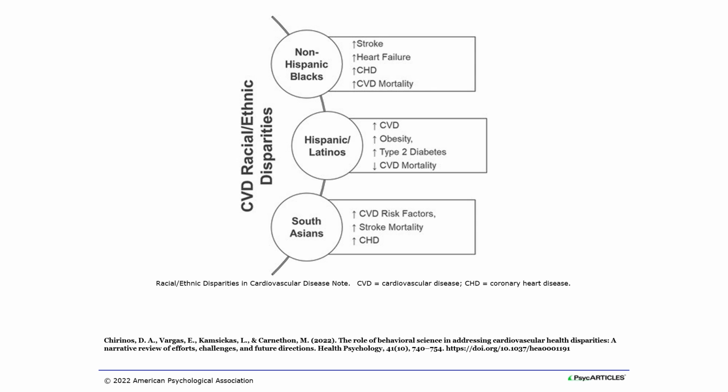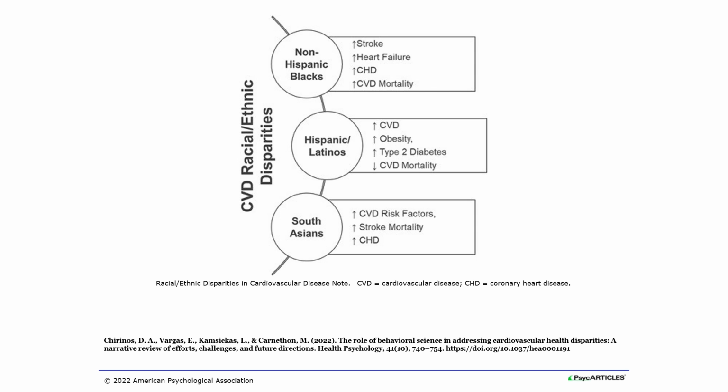And so for those non-Hispanic Blacks, they have a higher risk of stroke, a higher risk of heart failure, a higher risk of cardiovascular disease, and a higher risk of cardiovascular disease mortality, so actually dying from heart disease.